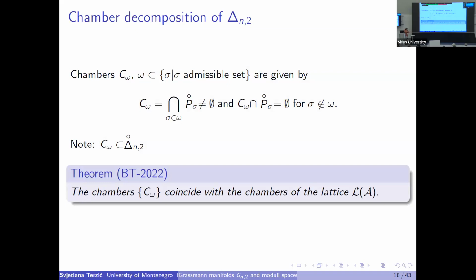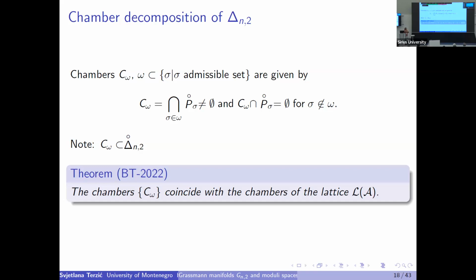Now we have admissible polytopes, and they also define a chamber decomposition of the hypersimplex Delta n 2. What is a chamber? We consider all possible intersections of admissible polytopes. A chamber C omega is obtained as an intersection of some admissible polytopes such that C omega does not intersect any other admissible polytope.